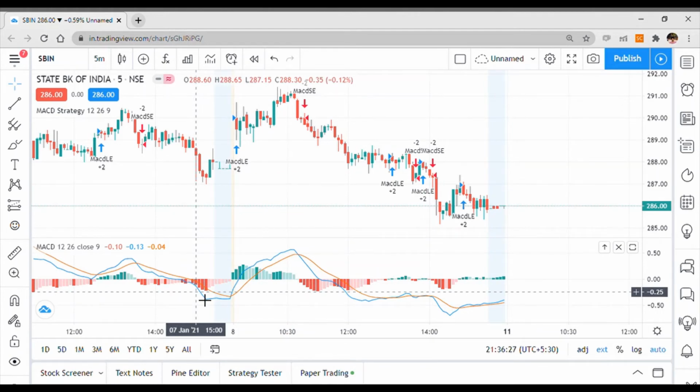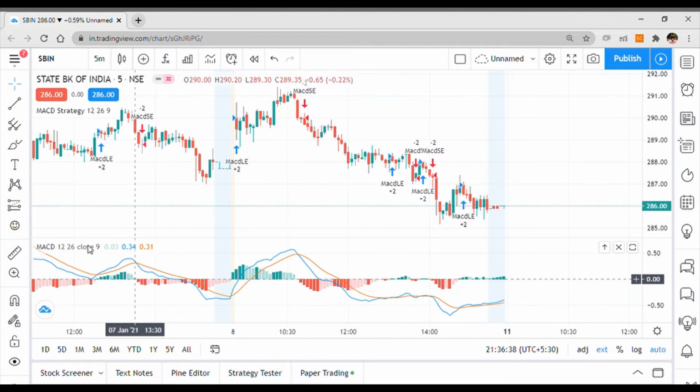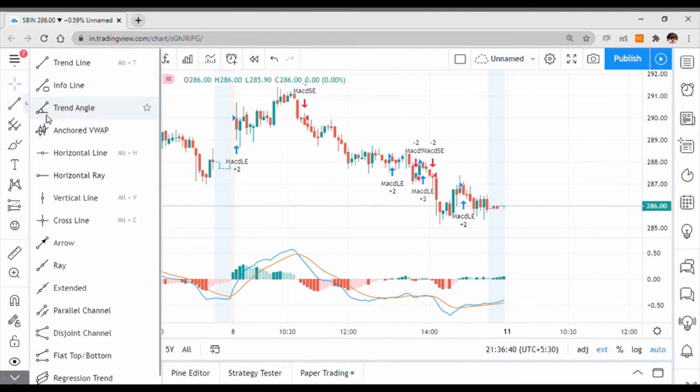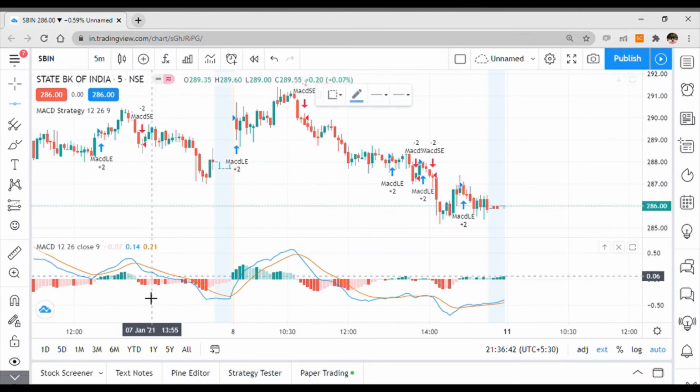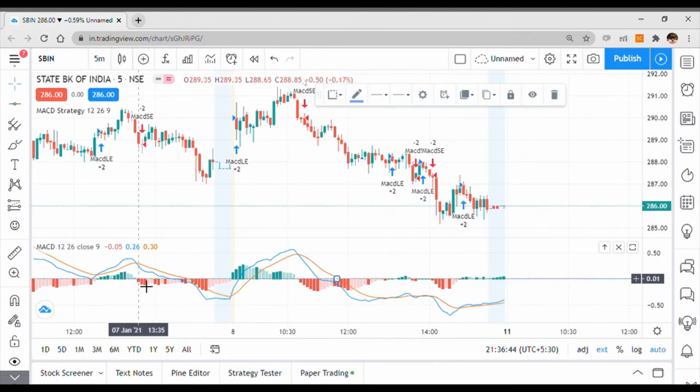We are going to buy only when the MACD line and the signal line are below zero. Now what is zero line? Here, this horizontal line.